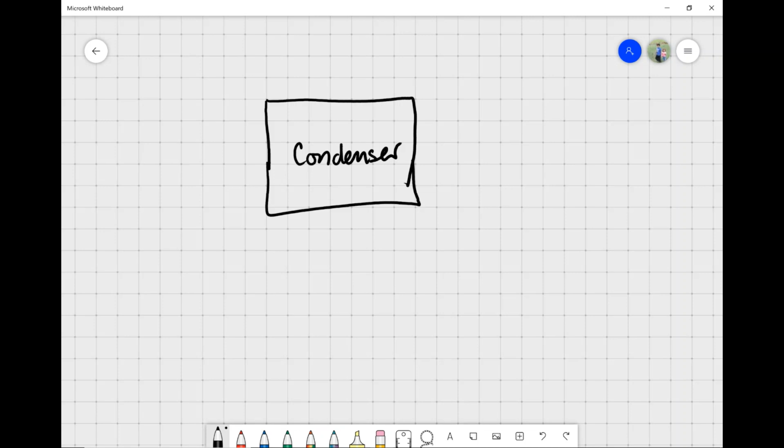So we have our condenser, and I'm going to do my best to mimic the flow chart that we had on one of the previous slides.